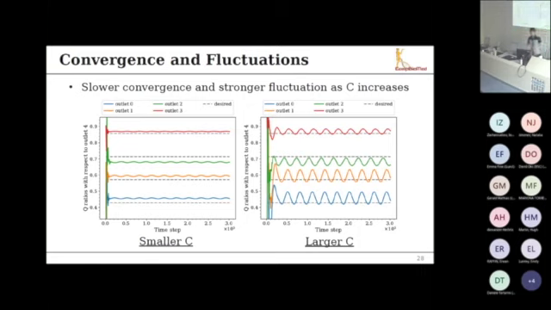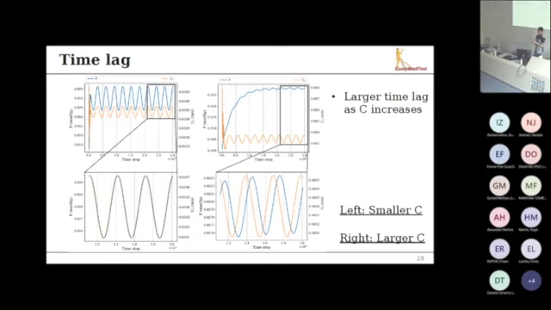This is expected because the capacitance is related to the storage property, which can reduce the instability, and also is related to the phase of the flow. In addition, the time lag is also observed when the capacitance is increased.